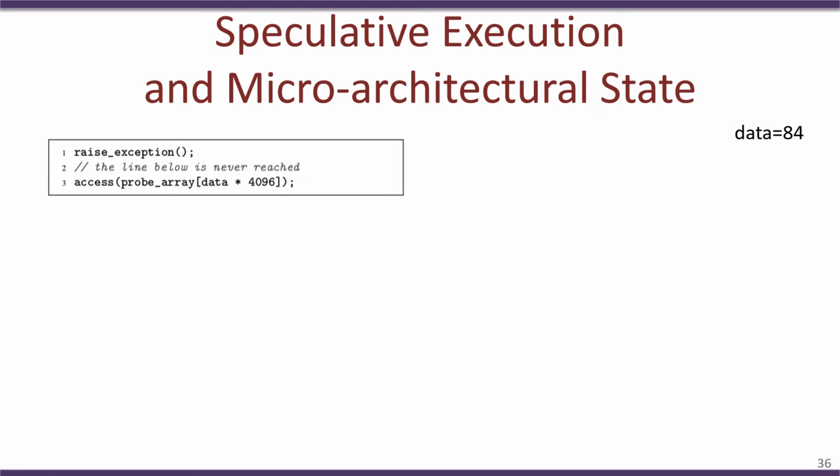However, due to speculation, and if we consider what happens within the processor due to speculation and out of order execution, the probe array at the location data into 4096 may be speculatively executed, and when the raise exception instruction is actually executed, the results corresponding to probe array data into 4096 would actually be discarded.